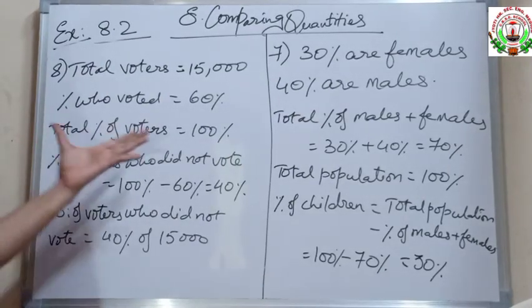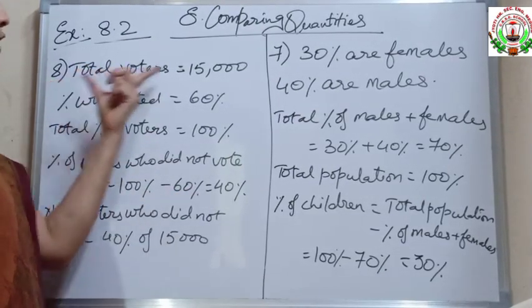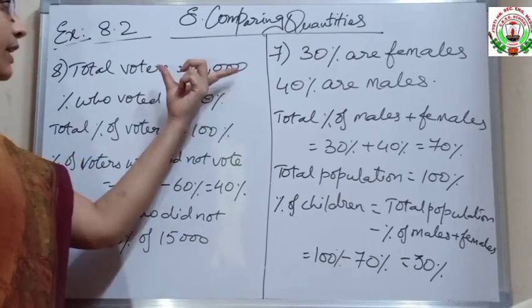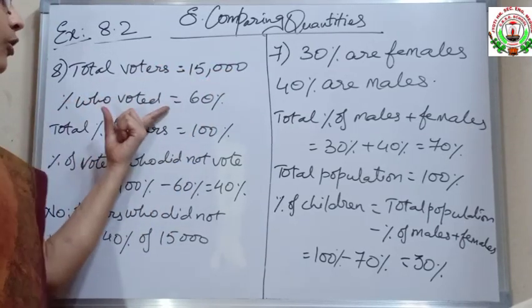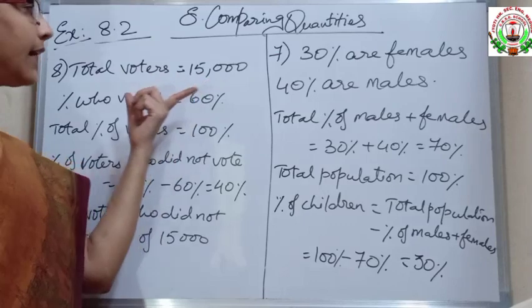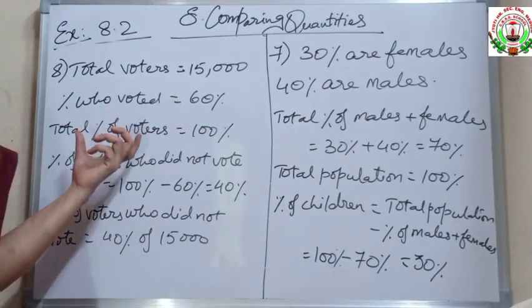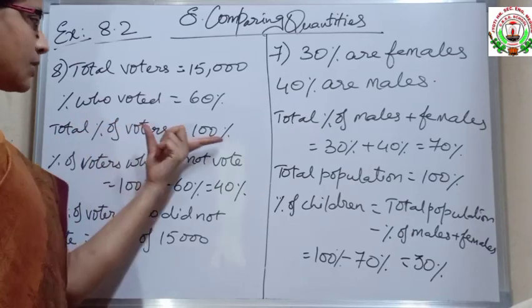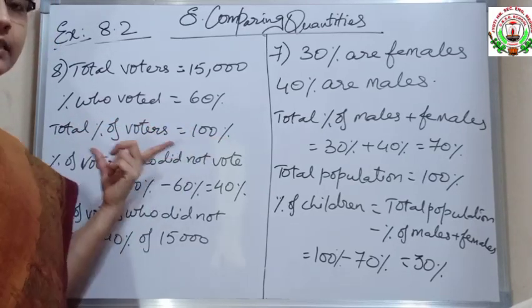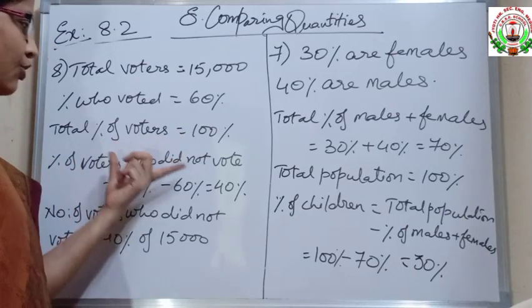See, once again, let me repeat myself. They have given total voters as 15,000, and the percent who voted out of this 15,000 as 60%. Now, I am assuming the total percent of voters to be 100, and they have asked what is the percent of voters who did not vote.